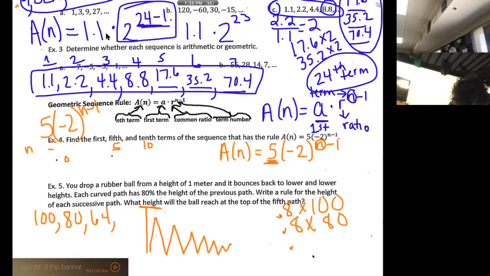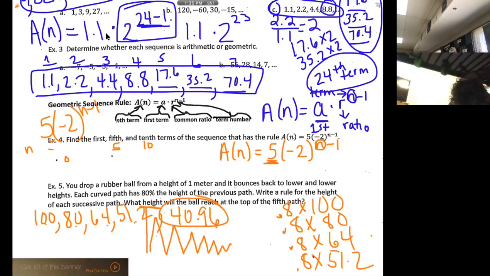Then we would find 0.8 times 64, 51.2. Then we would find 0.8 times 51.2, 40.96. That's 1, 2, 3, 4, 5. That would be our fifth path.